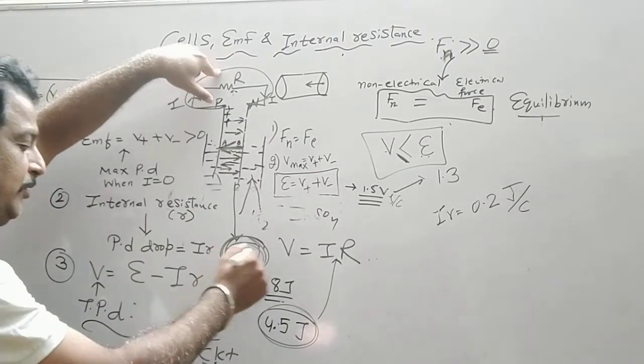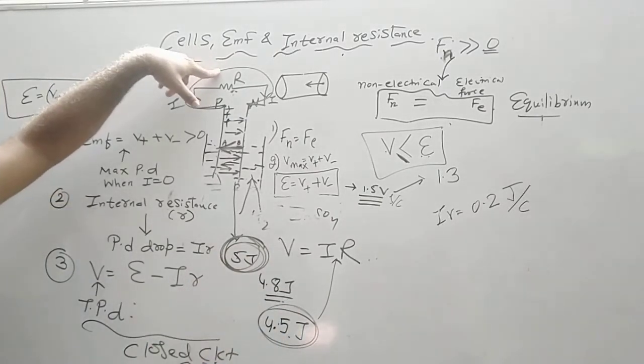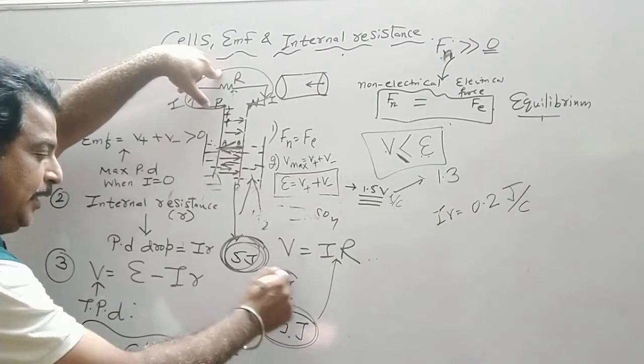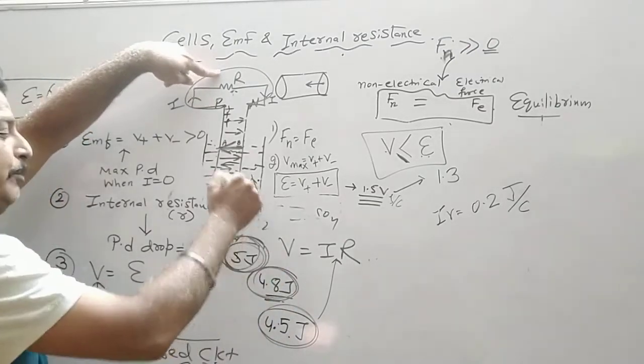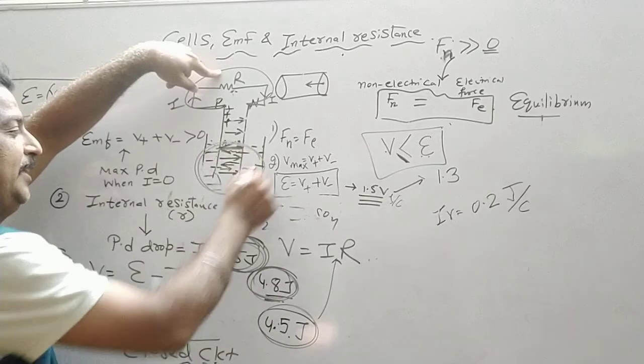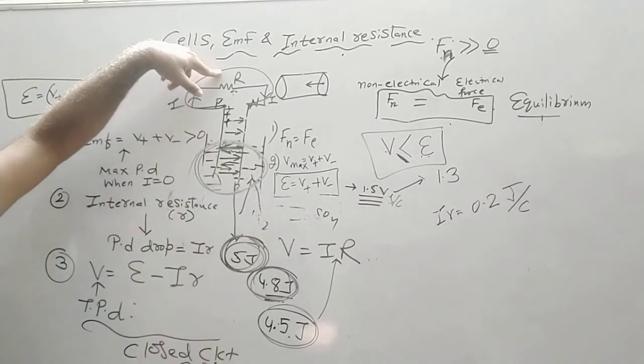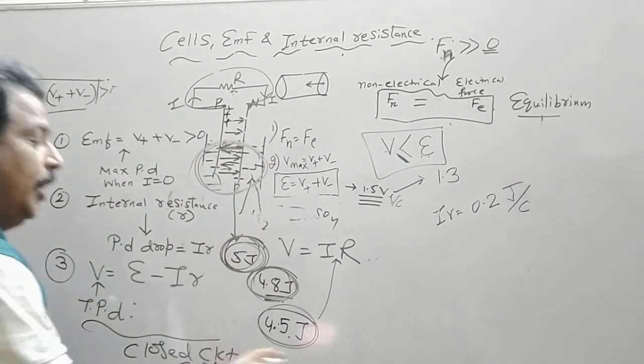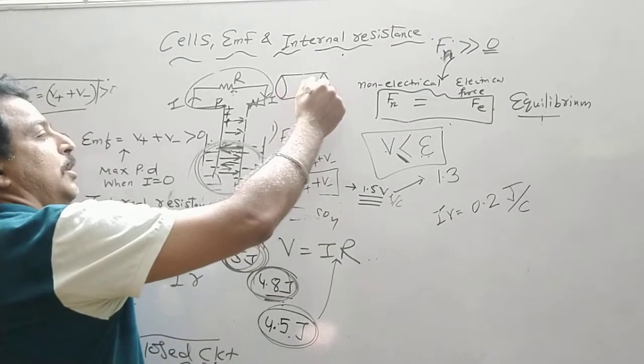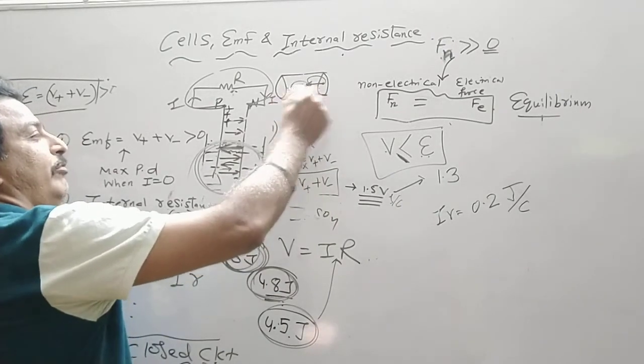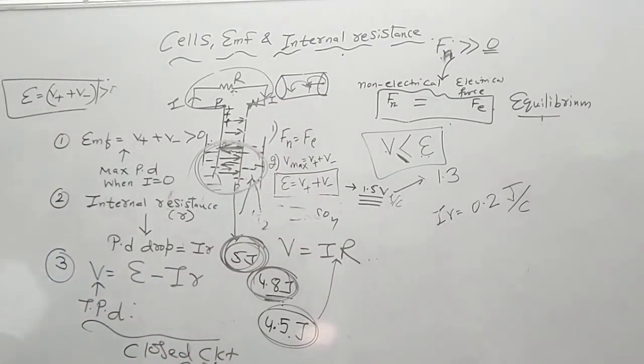So I have 5 joule energy, but finally I got only 4.5 joule of energy. So chemical energy is converted into light energy, but 0.2 joule was used up inside the cell. That is the opposition offered. Another 0.3 joule was used up because the electrons collide inside the conductor. So this is internal loss and this is external loss.